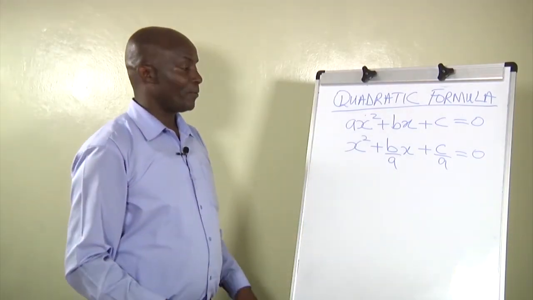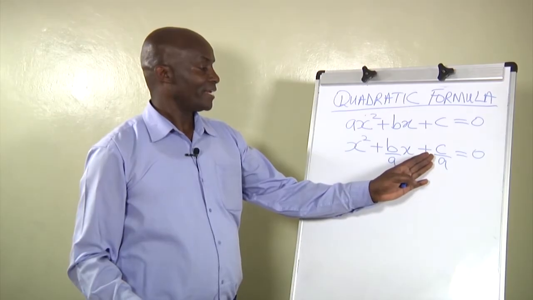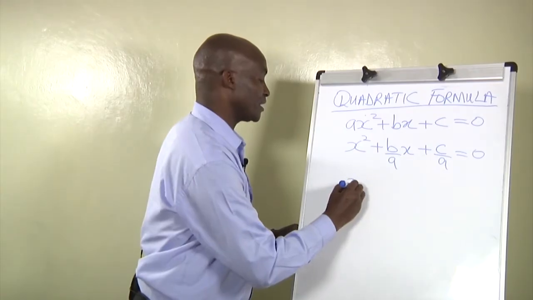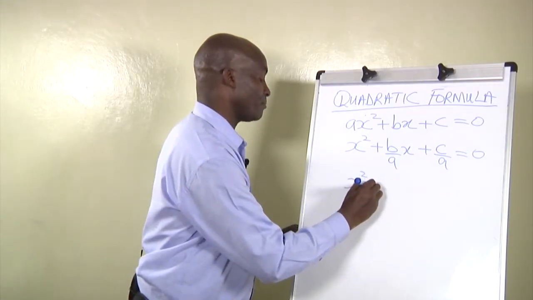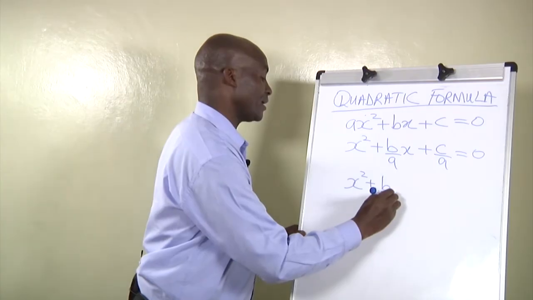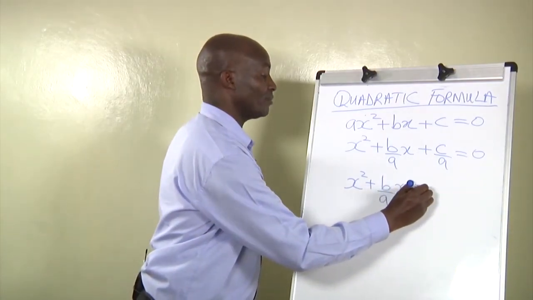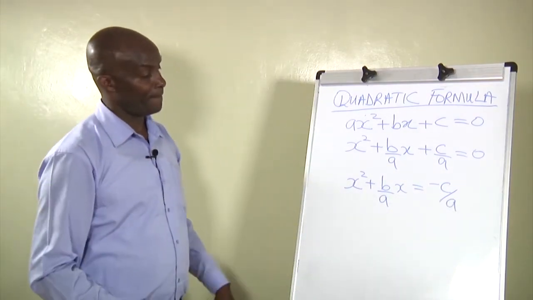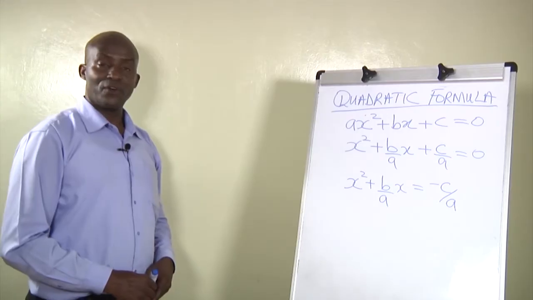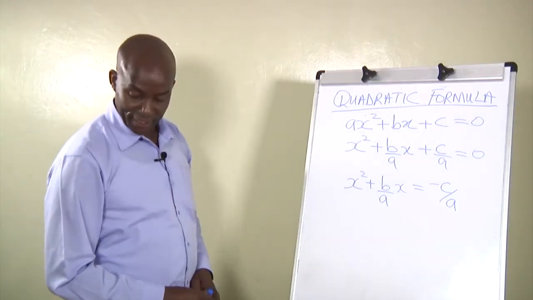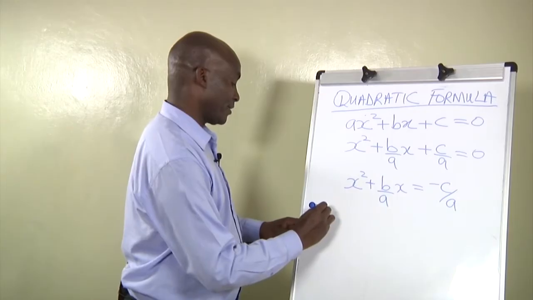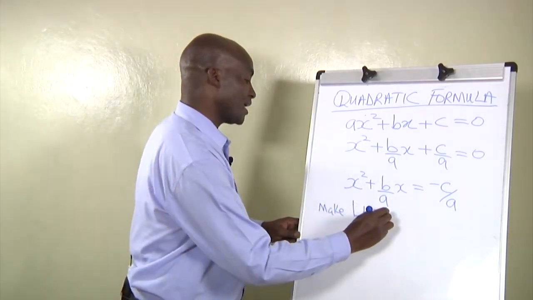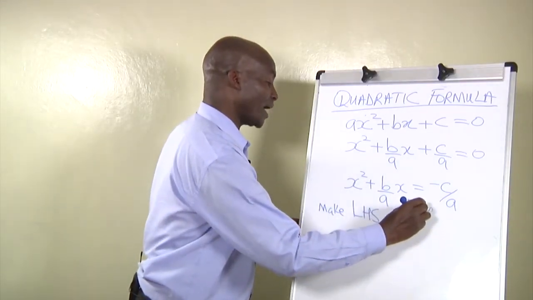The next step will be to take c over a to the right-hand side of the equation, which gives us x squared plus b over a x is equal to negative c over a. Following that, we make the left-hand side a perfect square.